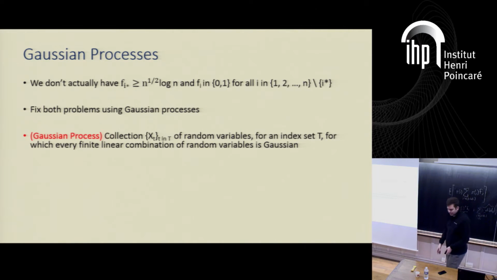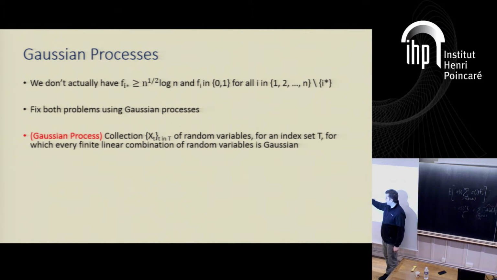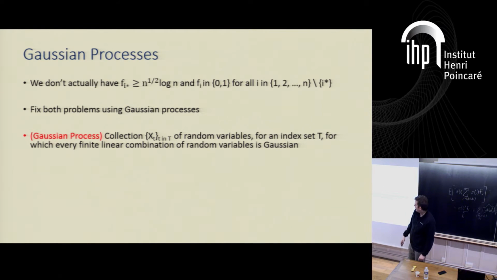So let me say what those are. A Gaussian process is a collection of random variables indexed by this set capital T. X sub little t is one of those random variables. And what we have is, for every finite linear combination of the random variables, it's Gaussian.